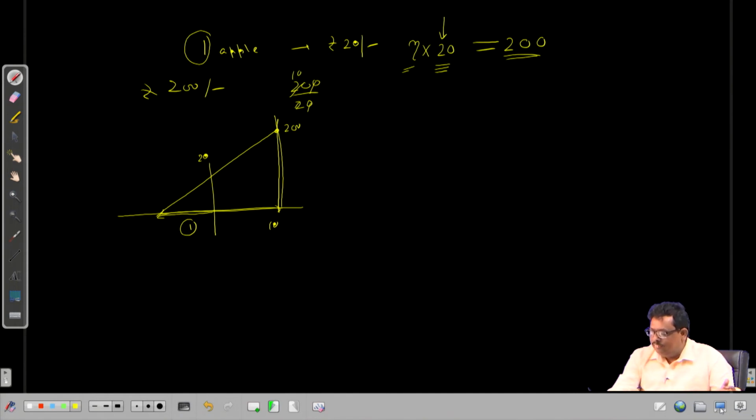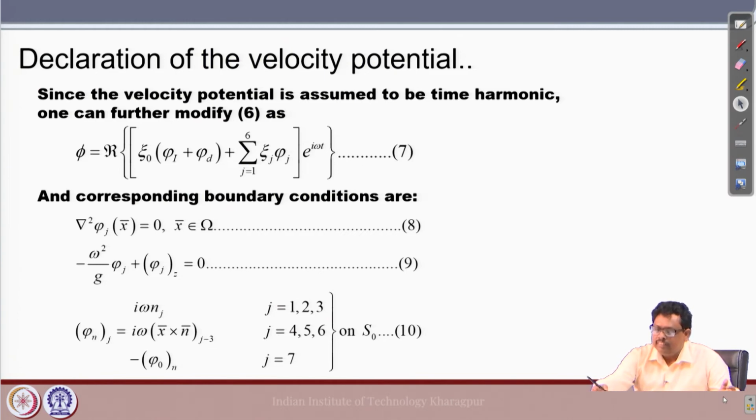So, again let us go back to the slide. Now, if you look at this slide here, I understand that this psi I plus psi d is nothing but the velocity potential for a unit amplitude wave. Okay.